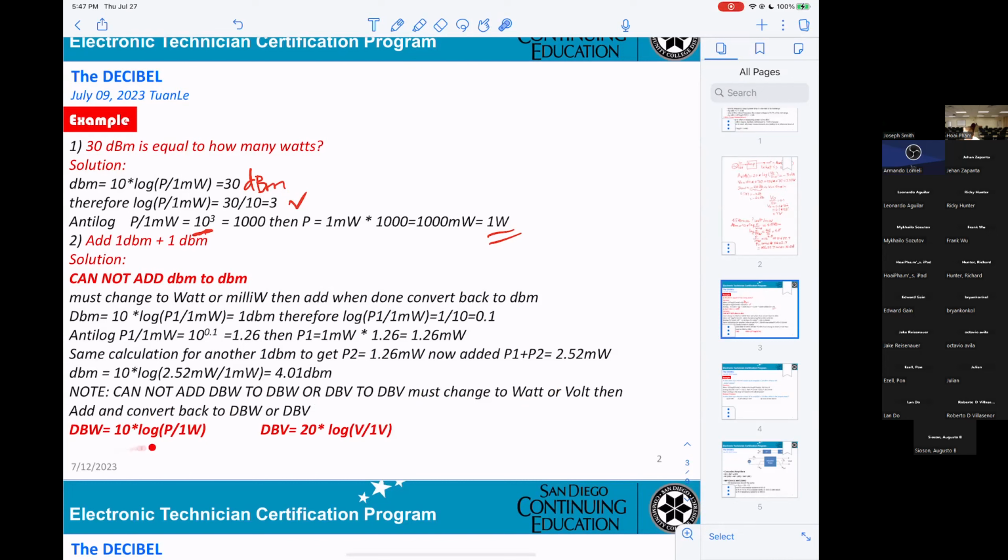This is the formula they gave to you. dBW equals 10 times log of P over 1 watt, or dBV equals 20 times log of V over 1 volt.